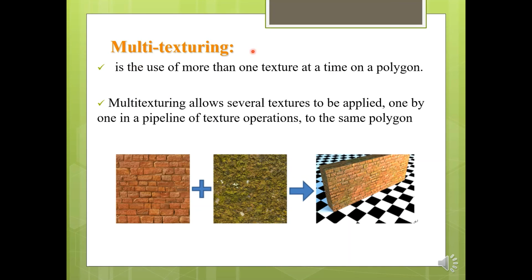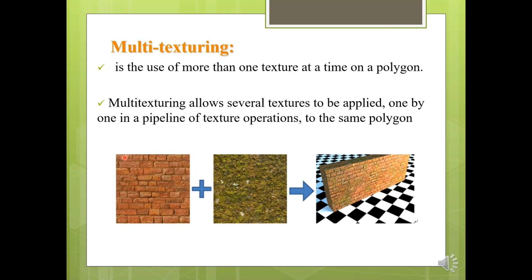So what is multi-texturing? Based on the name itself, one is multi, one is texturing. Multi means more than one. So multi-texturing is the use of more than one texture at a time on a single polygon. This process allows several textures to be applied one by one in the pipeline of texture operations to the same polygon. In this example down here, I have two textures.